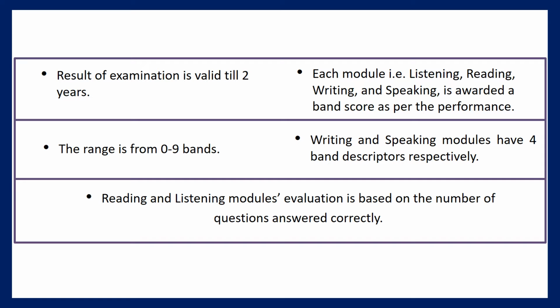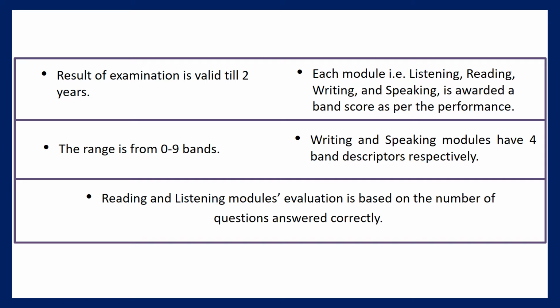A few important points to remember about the exam. The first one is the result of this exam is valid till 2 years. The range for scoring is between 0 to 9 bands. Each of the modules, that is listening, reading, writing and speaking, is awarded a band score as per the performance.